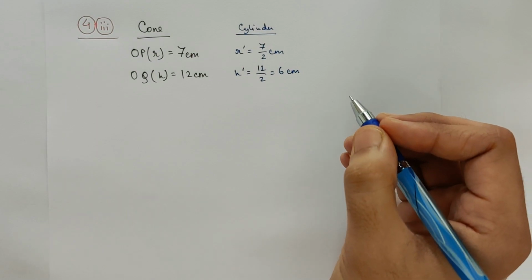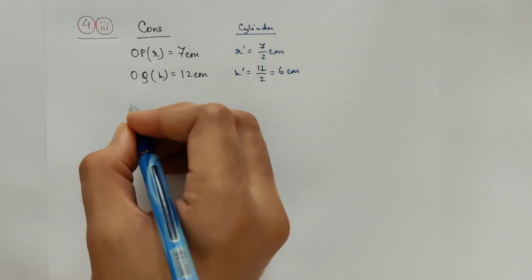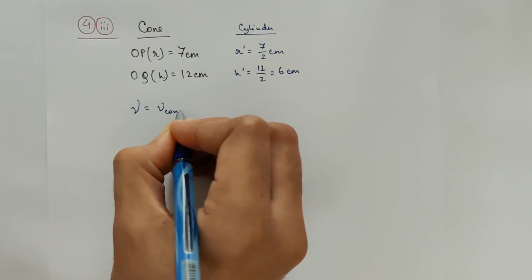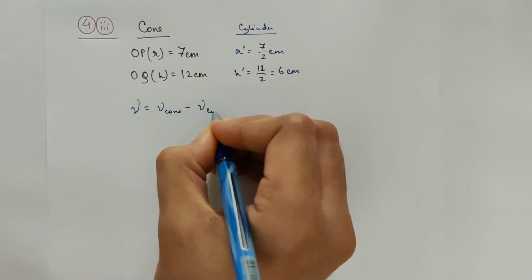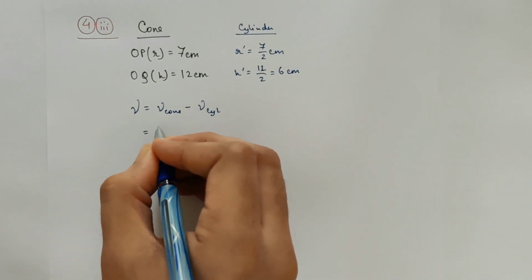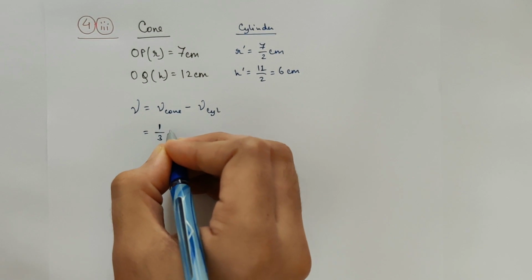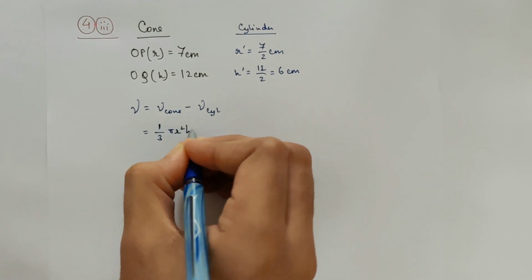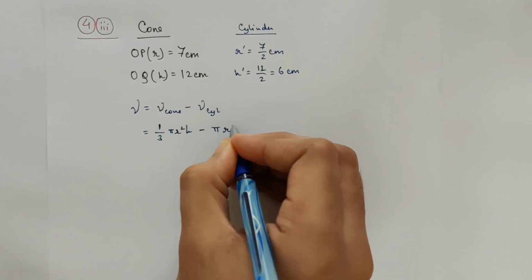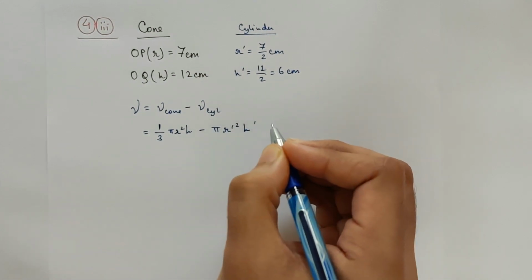Now we have to find the volume of the remaining solid. So the final volume will be equal to the volume of the cone minus the volume of the cylinder. Simple. So we will have volume of cone, which is 1/3 pi r square h, minus the volume of cylinder, which is pi r dash square h dash.